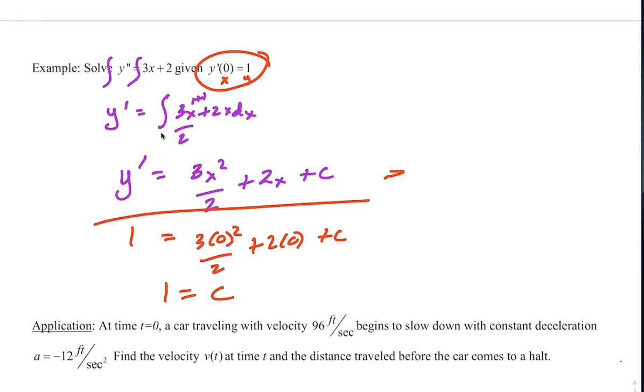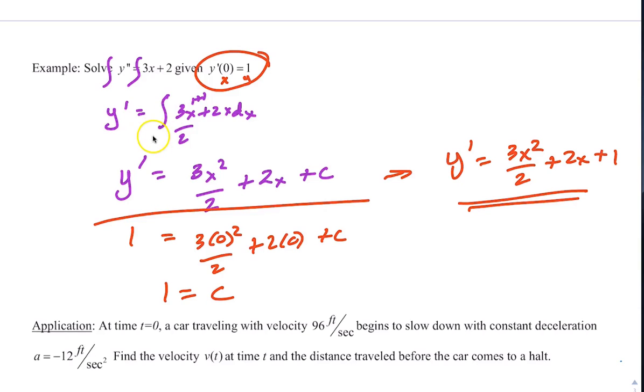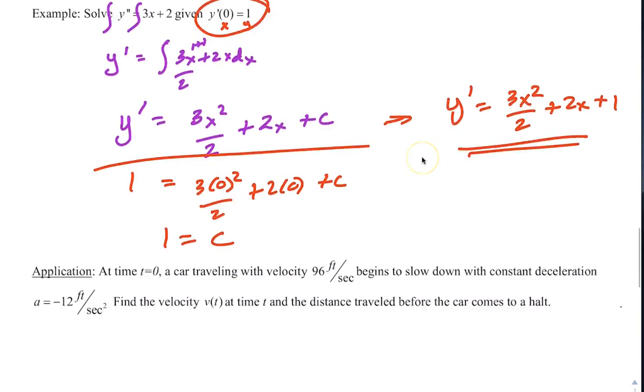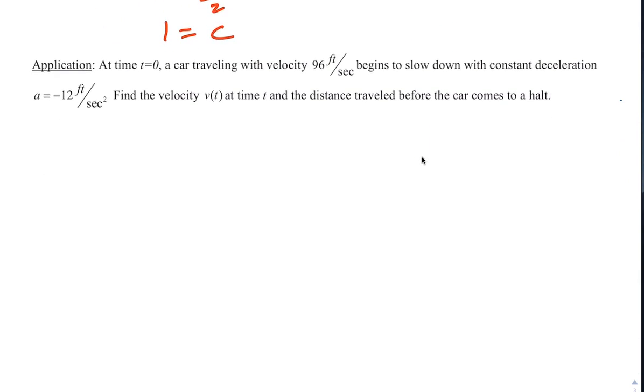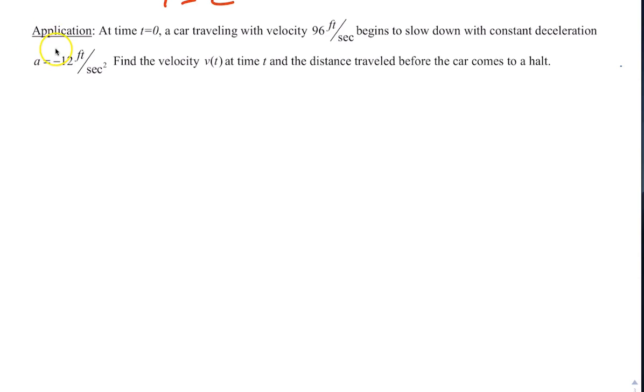So I can rewrite my equation as y prime equals 3x squared over 2 plus 2x plus 1. There we go. So it works the same way no matter what the derivative is. If we have the third derivative, integrate to get the second derivative, right? We have the second derivative here, we integrate it, and the initial condition is for the first derivative. So it still works.